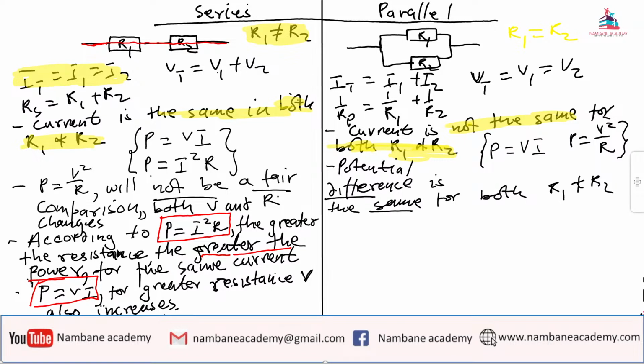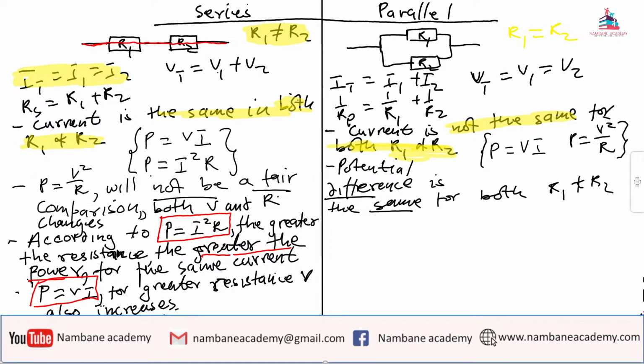The physical science principle in this instance is that according to P equals I squared R. If you do not have that, I will not give you a mark, because P equals I squared R is the reference for explaining that. If I am going to use this equation, the only thing that is changing will be resistance, so it makes it a fair comparison.